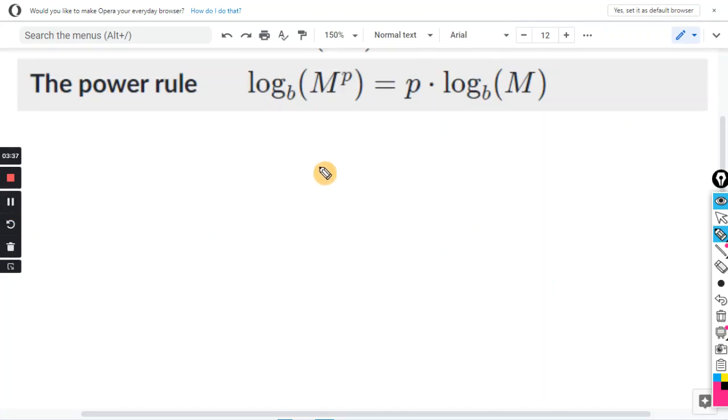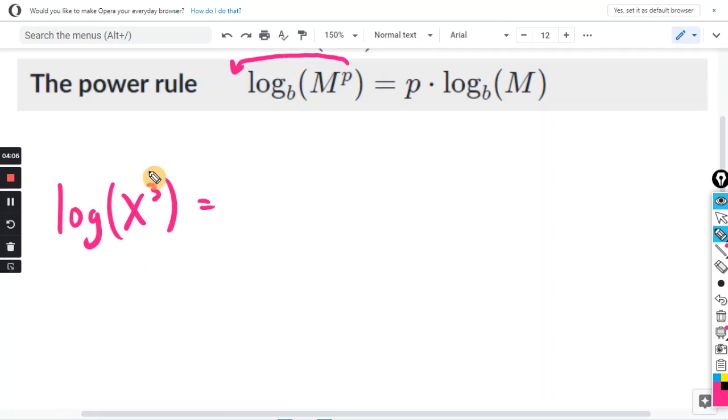All right, finally, the last one is the power rule. The log of m to the power of p equals p times the log of m. All right, so basically, you can take the exponent and move it out front. So let's say you have the log of x to the third.